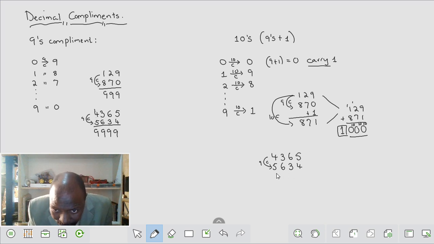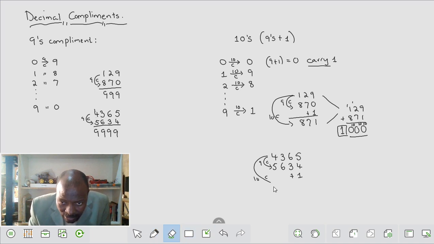So now, if we look at that, if we add 1 to this, it will give us the 10's complement.